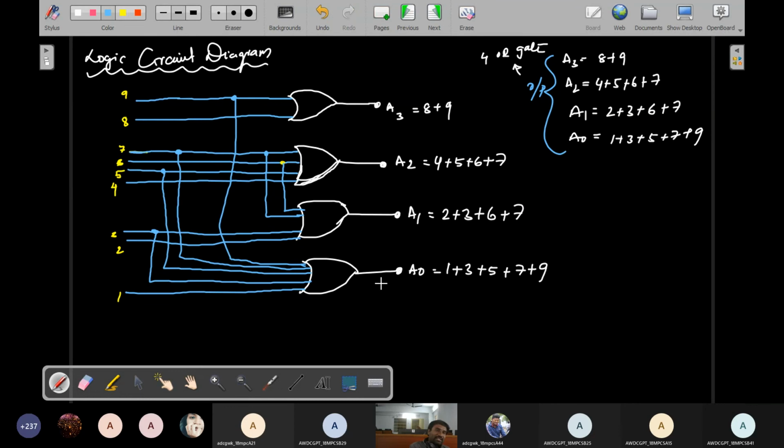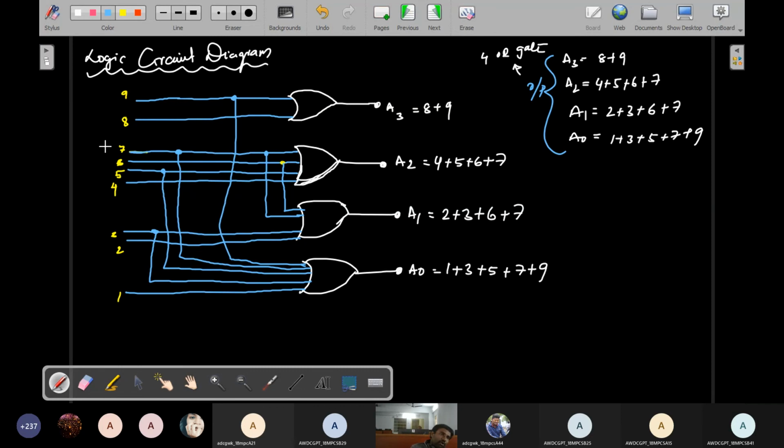So this is actually the logic diagram. Why? Because the terminals are the common outputs, so for common decimal points I simply connected the common inputs. First of all 8, 9. So this 8, 9 is connected to this output. So the output A3 is nothing but 8 plus 9. This 8, 9 was not connected in the previous case, so that's why I first draw that.